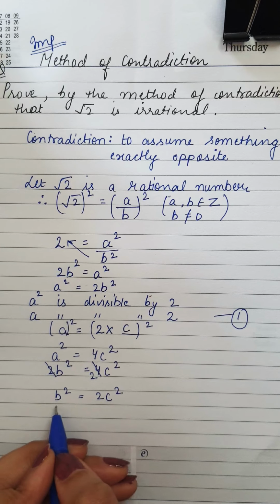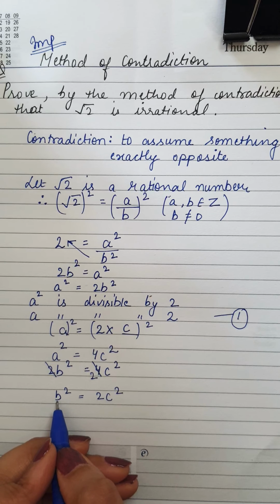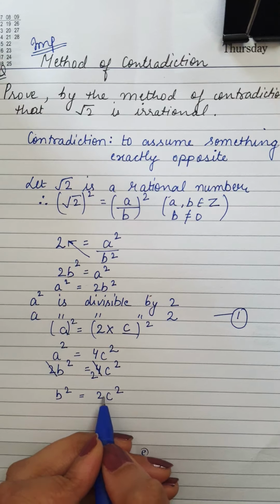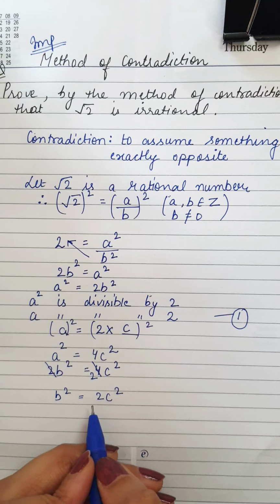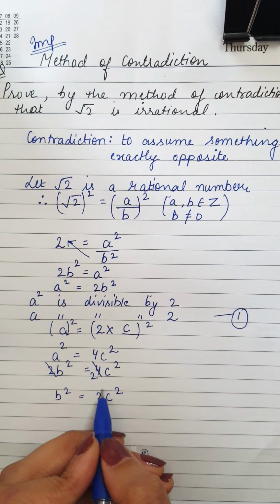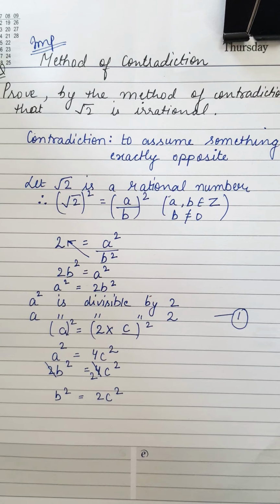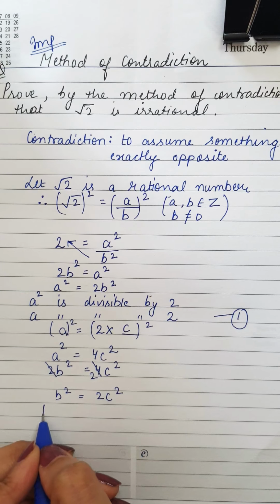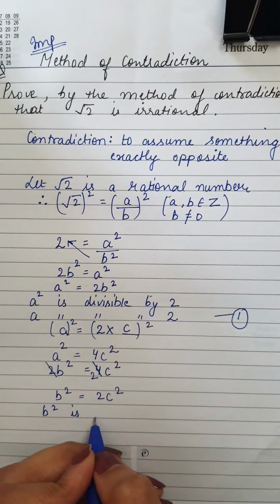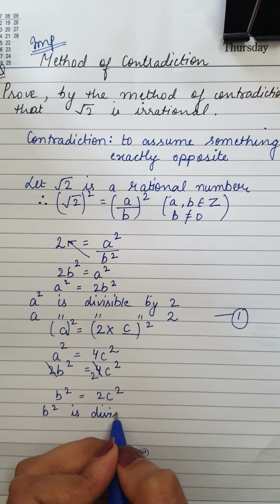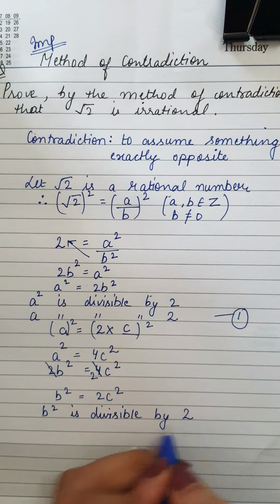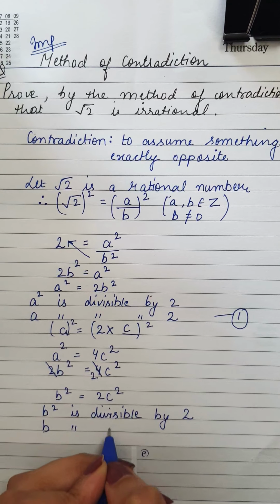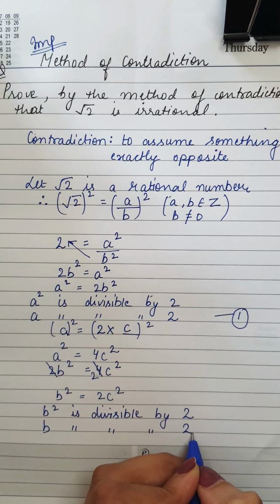Cancelling, I have got b² = 2c². Now again see this, b² has been expressed as 2 multiplied with something. Does not matter, whatever be the symbol, whatever be the number. All that matters is it is 2 multiplied with a number. So I can say b² is divisible by 2, and so I can say b is also divisible by 2.